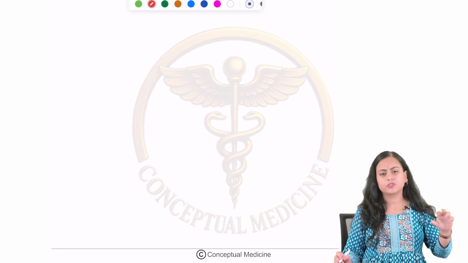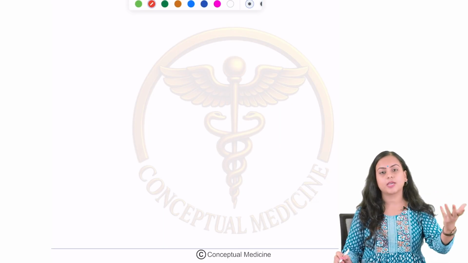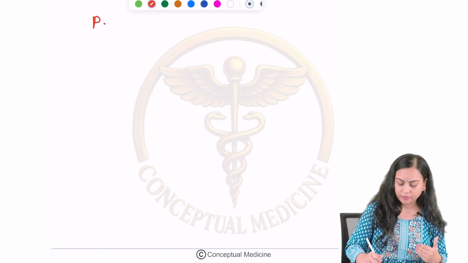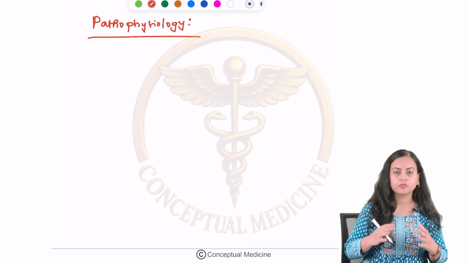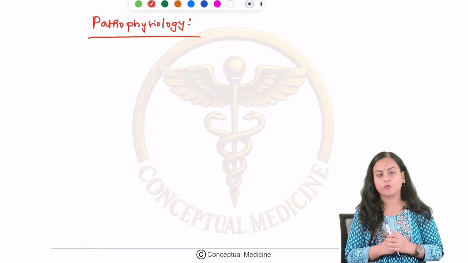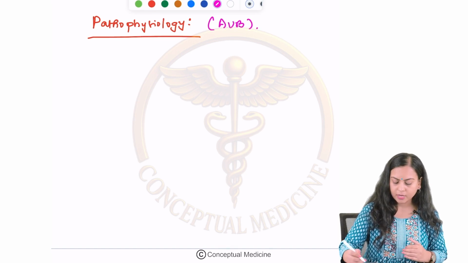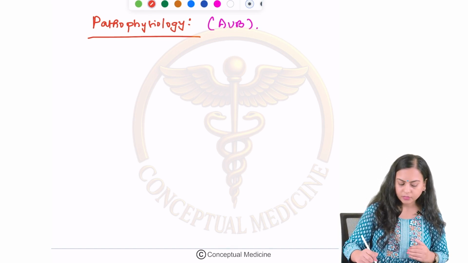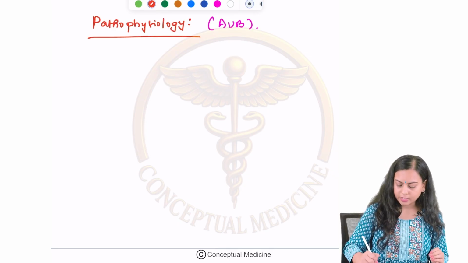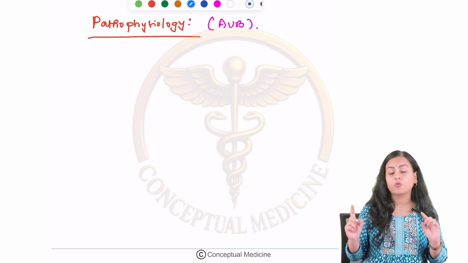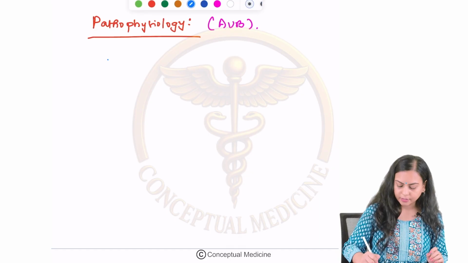Now let me tell you why this bleeding is happening. What is the pathophysiology? Why suddenly does this AUB come? For this, we have to go a little bit into the anatomy and the physiology so that you will understand the pathophysiology of AUB. So we know the uterus and ovaries are supplied by the uterine and ovarian arteries.